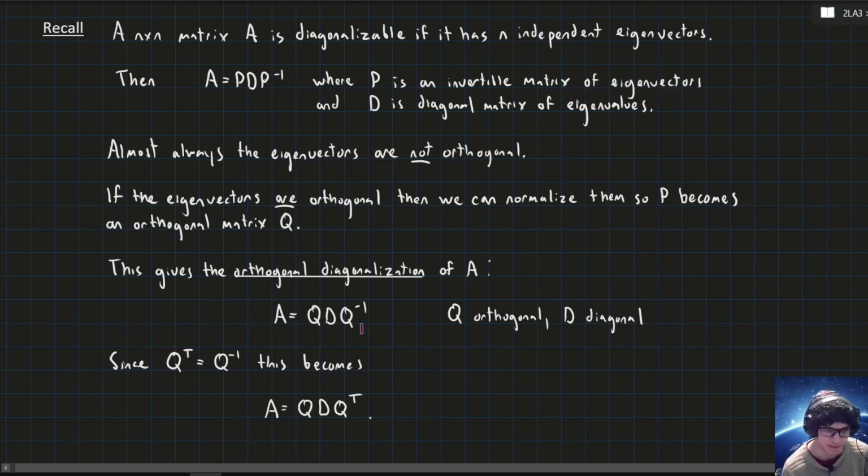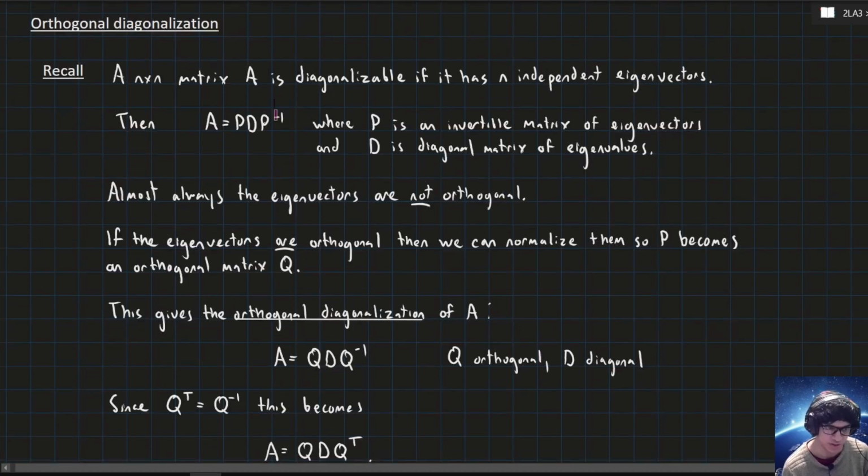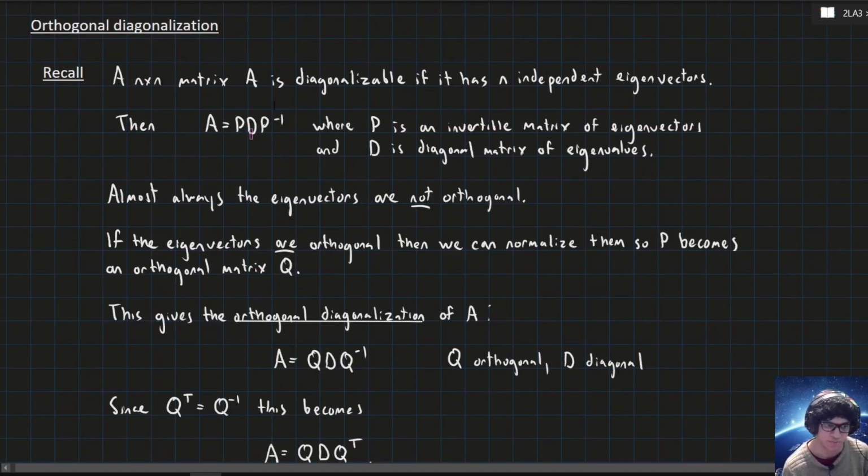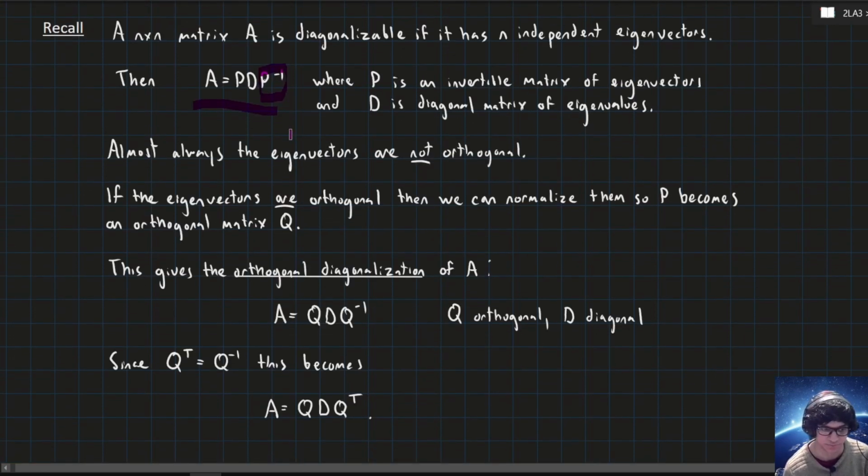Usually P is not orthogonal, so we have to compute the inverse of a matrix to factorize A when it's diagonalizable. But if it's orthogonally diagonalizable, the inverse just comes for free, it's just the transpose of Q. So this is another instance where orthogonality saves a lot on computation.